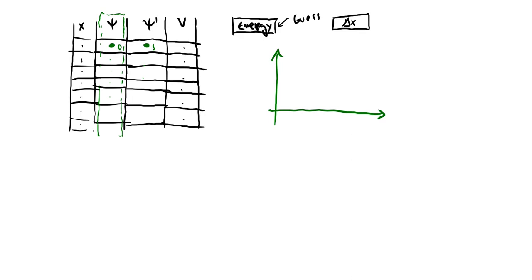Or if you want, you can put it in the formula itself. So you need to say something like this number is equal to this one plus delta x multiplied by this one, right? And then this one, I want to calculate it here. So which one is this? It's this number plus delta x multiplied by V minus energy, and then you calculate what this number is here.